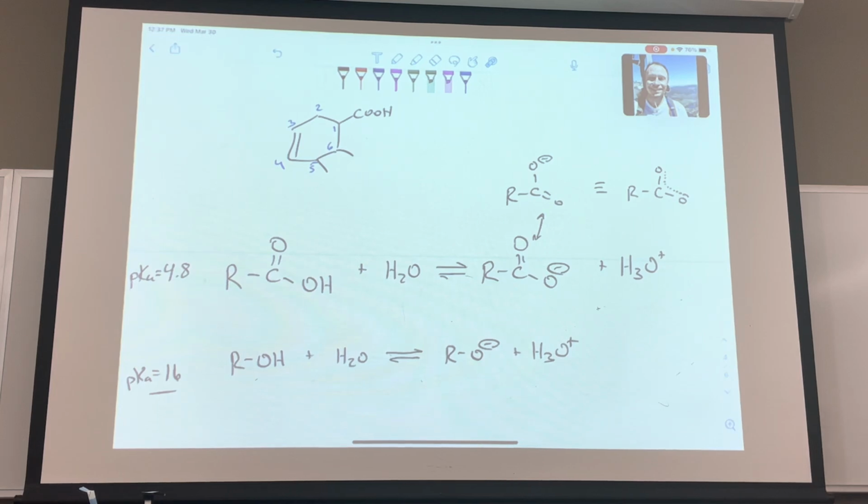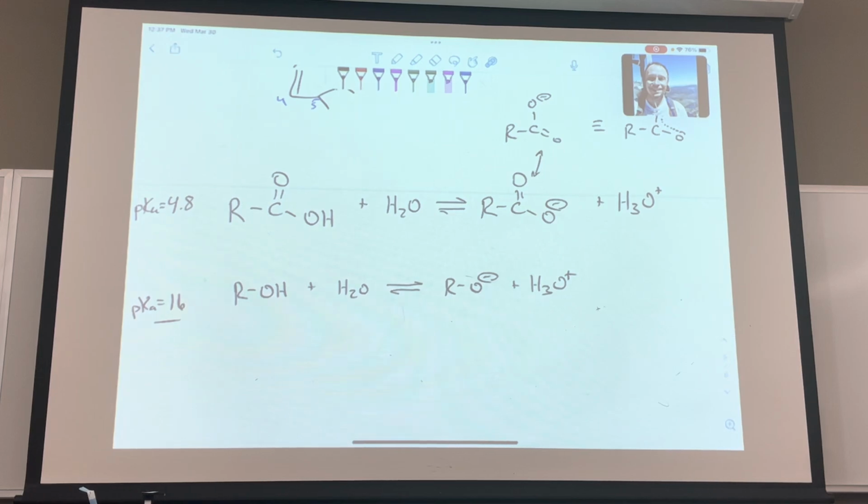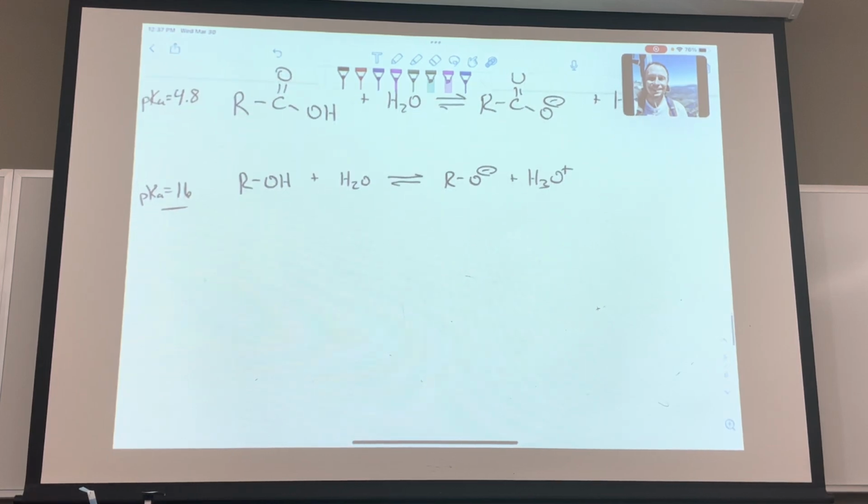So there are some other things we can do that affect the pKa of carboxylic acids. Normally, when we think of carboxylic acids, these guys typically have a pKa in the upper fours. So this one, for instance, is about 4.82.